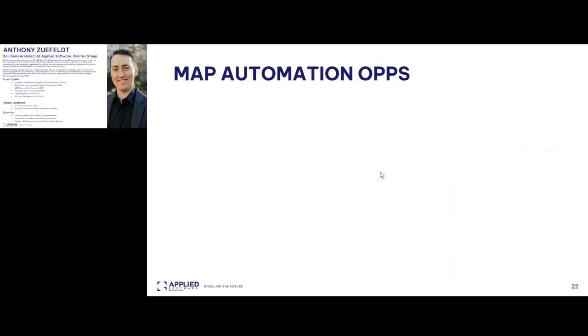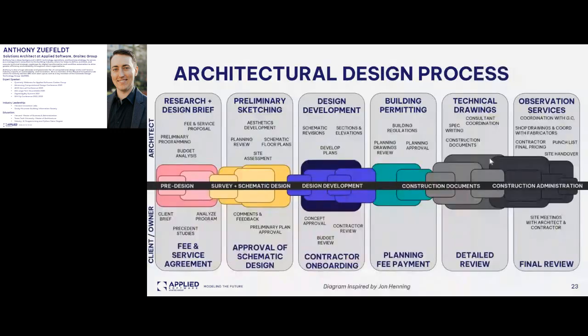Consider that and build out your own map. Ultimately, you need to really understand that overall design process. Look at each stage, think about the tools that are out there, and understand this.